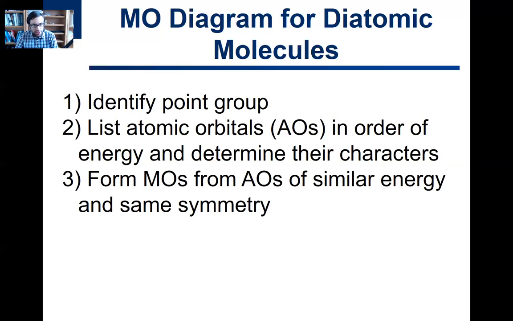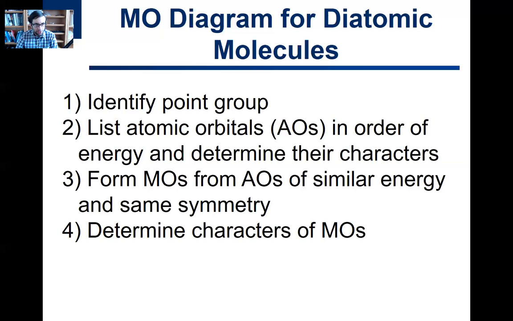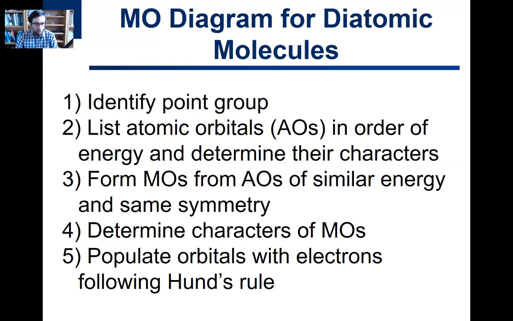So we'll see these principles play out in many, many examples throughout the next 3 chapters. And then we're going to determine the characters or the symmetries of the molecular orbitals. And then we're going to populate the orbitals with electrons following Hund's rules. Remember, Hund's rules tells us basically what the ground state is when you have some options, what look like options.